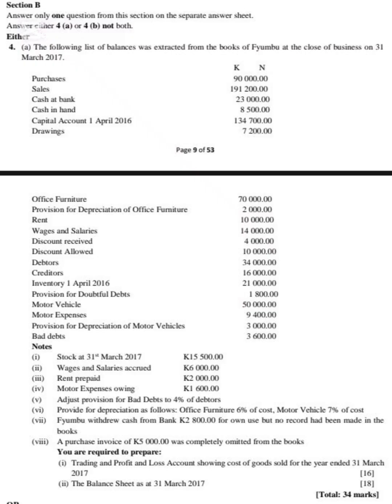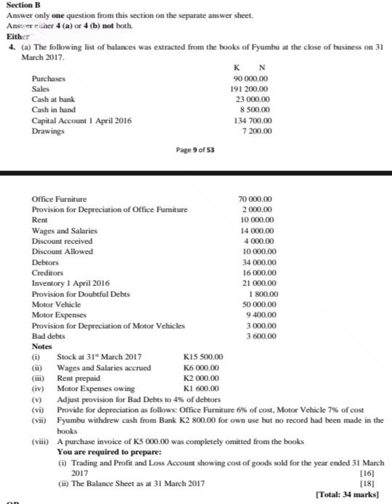We have rent. So under the expenses, the best way for you to write these expenses without skipping any expense is to start from the top of the list of balances, then start going down, taking each and every expense which you have found one by one. So we have rent costing 10,000 kwacha.